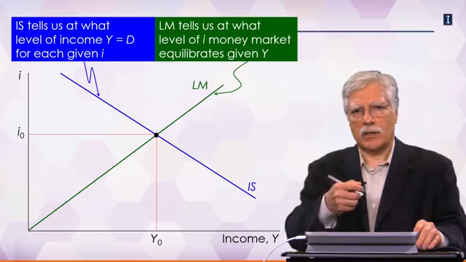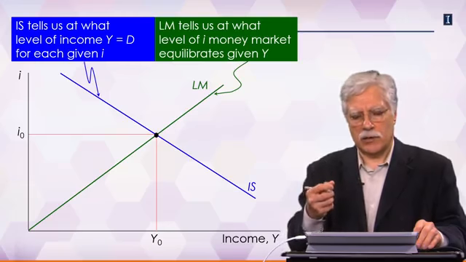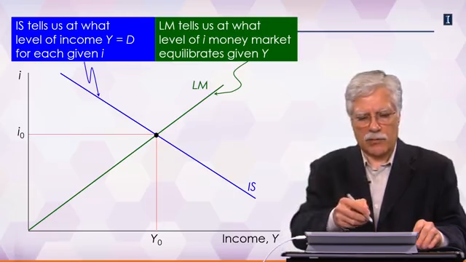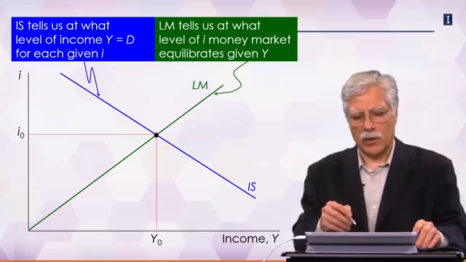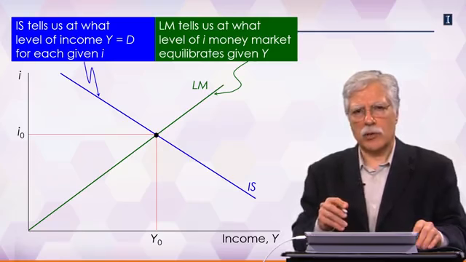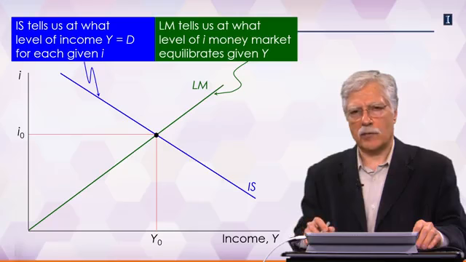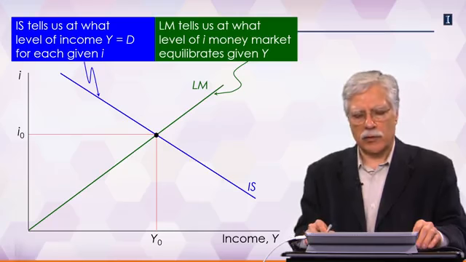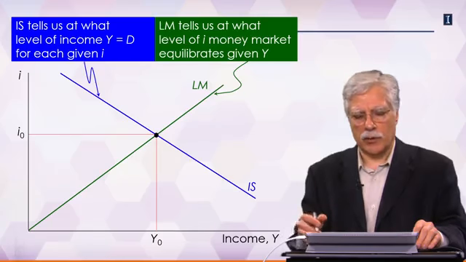In the goods market, interest rate drives income, and putting the two together tells us what level of income and interest rate are consistent with each other in the economy as a whole. That determines the short-run equilibrium given the price level and given other parameters of the model that we've discussed before. This is the main tool that we're going to use for our analysis of short-run equilibrium of the economy.